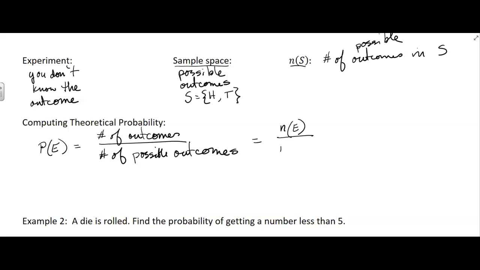And then you're dividing by the number of possible outcomes, so N of S. The N of E, that's the number of outcomes for the event.